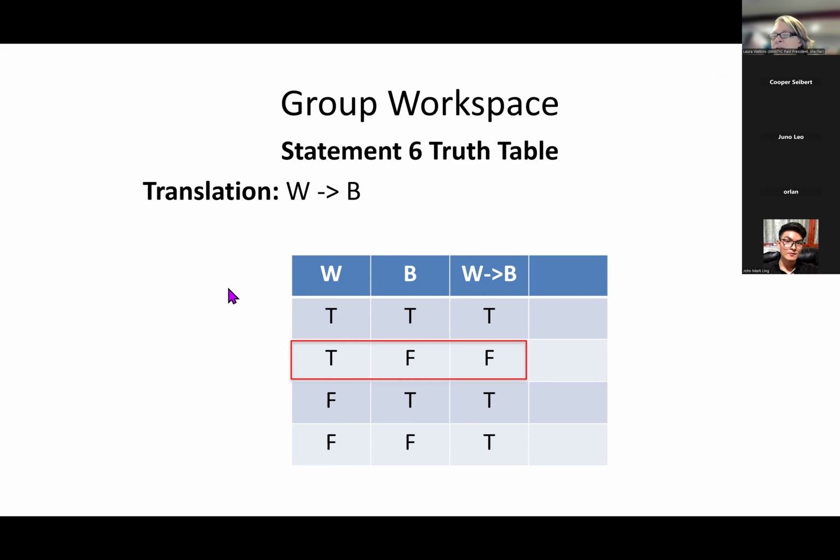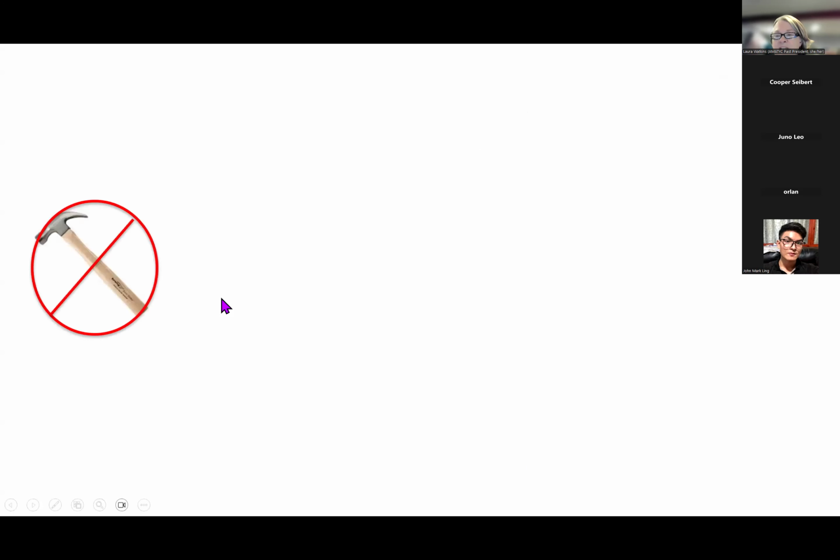Okay, so what did those 3 tables tell us? From the first table, if it's not the hammer, then Alice got the coconuts. That was from table 5.